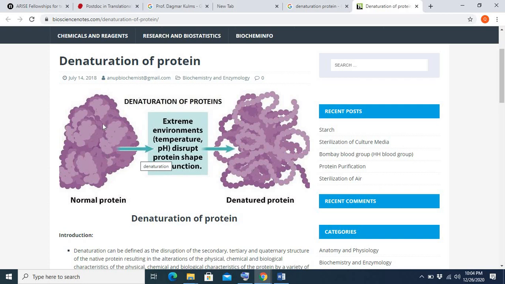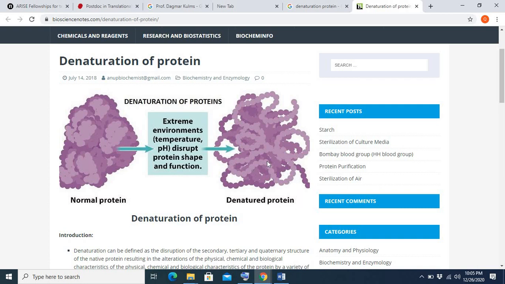The forces present between different polypeptide chains, for example hydrophobic forces, hydrogen bonding, and electrostatic forces, get disrupted, and due to this disruption, protein loses this structure and comes into the unfolded form. This process, when protein loses its quaternary structure and turns into the unfolded form, is called protein denaturation.